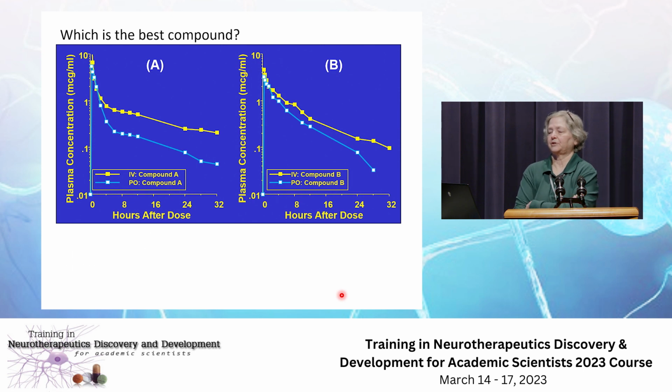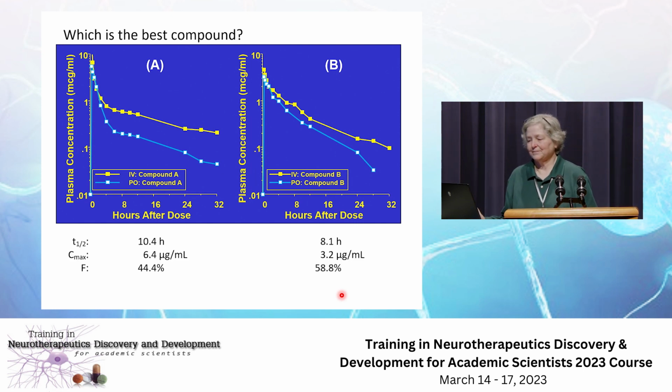Okay, another question. Which is the best compound? And these are not the same. Okay. So here are two compounds. Compound A has a slightly longer half-life, slightly higher peak concentrations, slightly lower bioavailability, but there are very large differences in the volume of distribution.